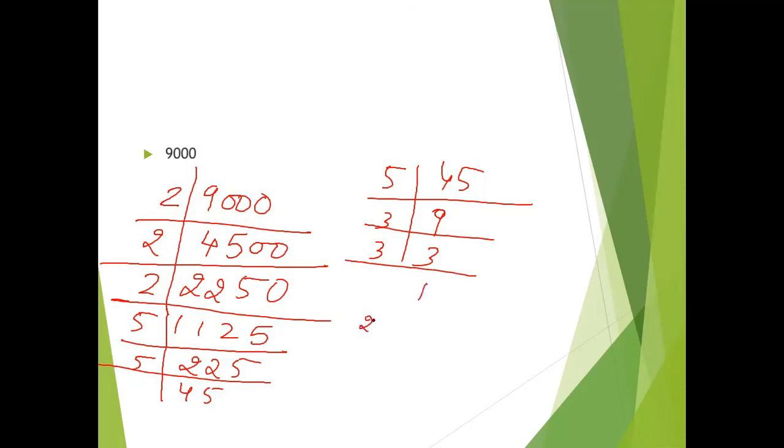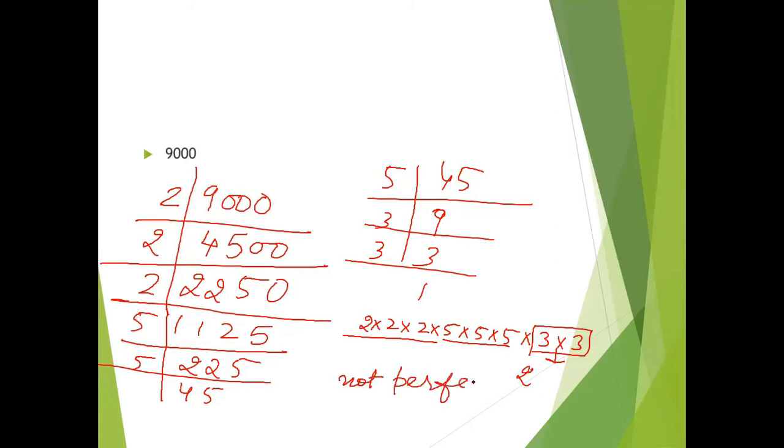So what we get is 2 into 2 into 2 into 5 into 5 into 5, 3 into 3. Okay, 2 appears 3 times, 5 appears 3 times, but 3 appears only 2 times. So, not perfect.